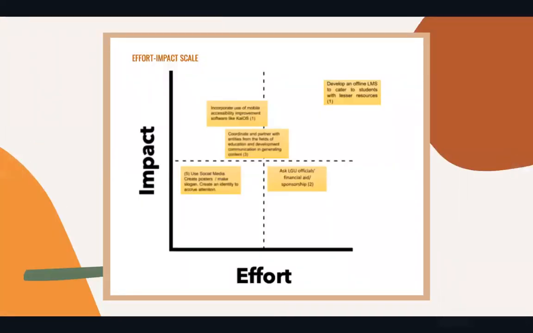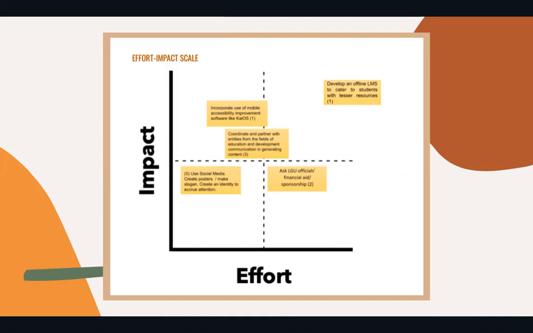So this is the effort impact scale that we were able to develop after our brainstorming session. And obviously, one of the top performing solutions that we found out, which qualified as high impact and low effort, is the incorporation of mobile accessibility improvement software such as KaiOS.